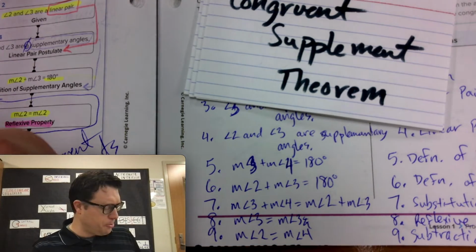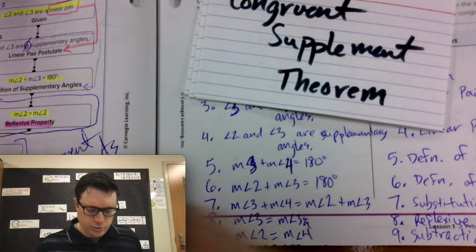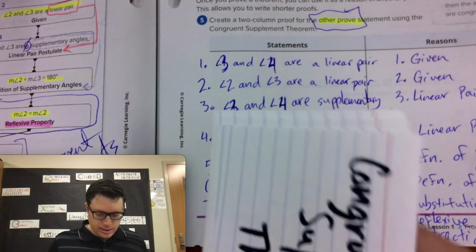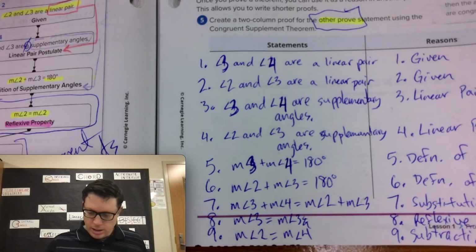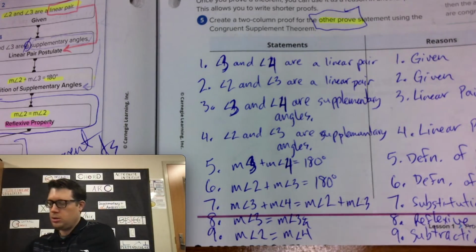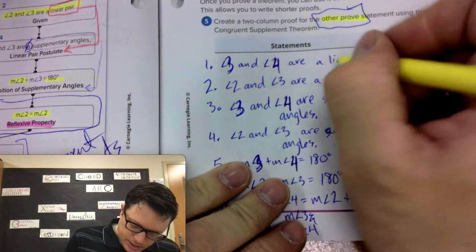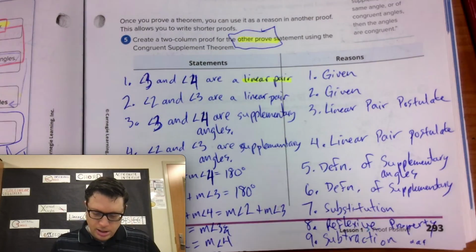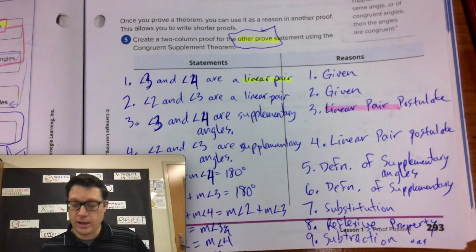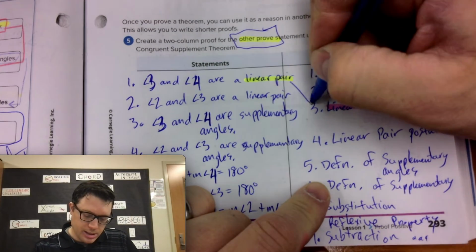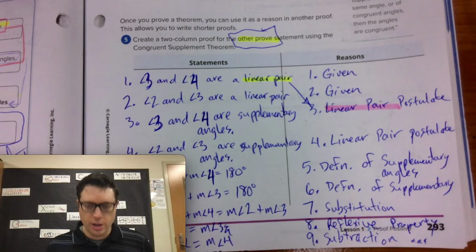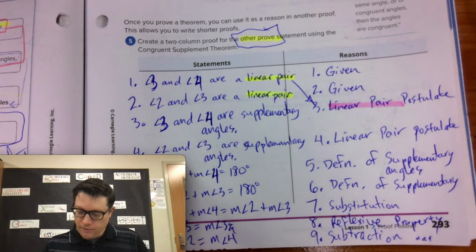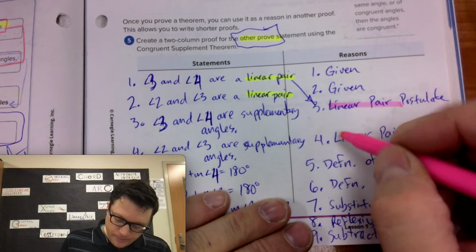How does the 2-column proof compare to the flowchart proof? Statements, reasons, step 1. Statements, reasons, step 2. If you notice, the statement that uses linear pair becomes a reason later on. Linear pair for 2 and 3 becomes the reason for what we do with 2 and 3 later on.